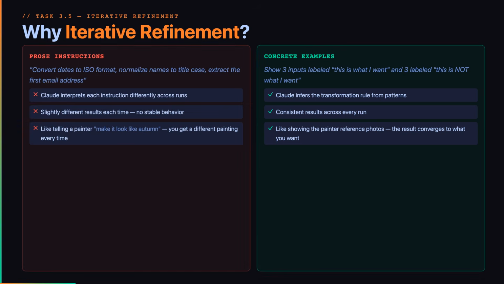The analogy, telling a painter, make it look like autumn, gets you a different painting every time. But showing them 3 photos labeled, this is what I want, and 3 labeled, this is not what I want, gets you consistent results. That difference between prose and concrete examples is the heart of iterative refinement.